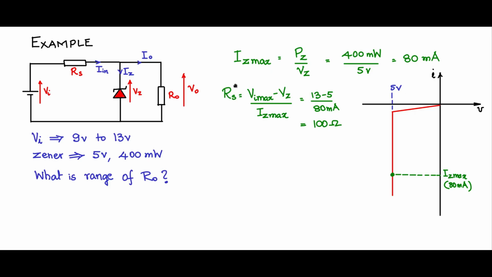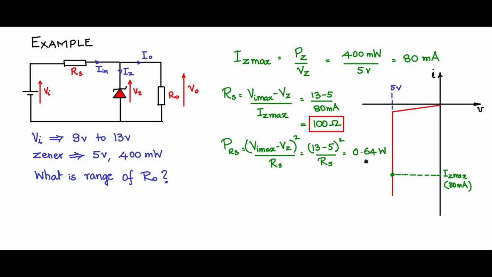And what should be the power rating of Rs? It is given by the potential difference across Rs squared by the value of Rs, which is 13 minus 5 squared by 100, and this turns out to be 0.64 watts.